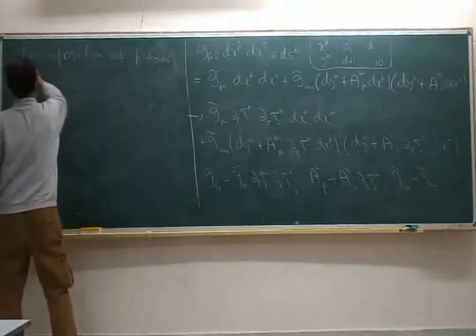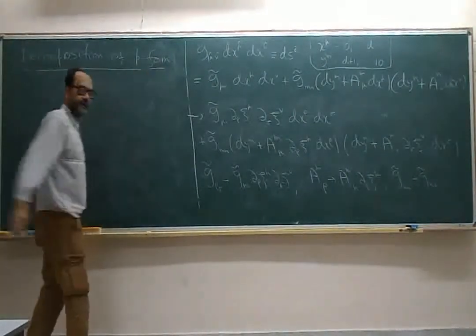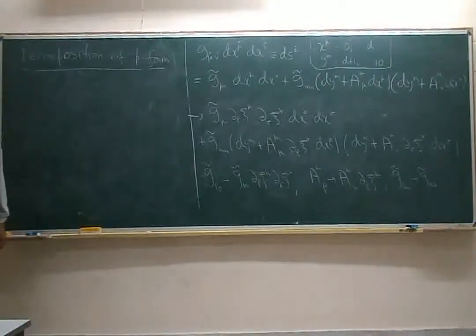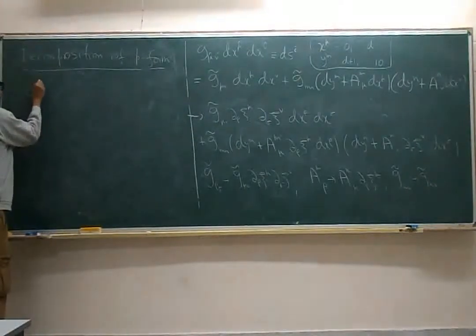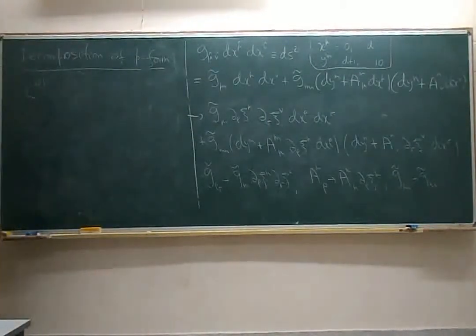And I'll illustrate this with the three form, but it's more general. You will see immediately what the generalization is. So let's start with C3. This is what we want to understand how to decompose.